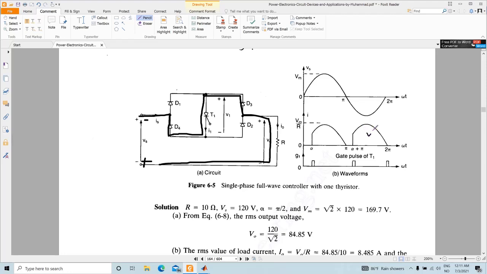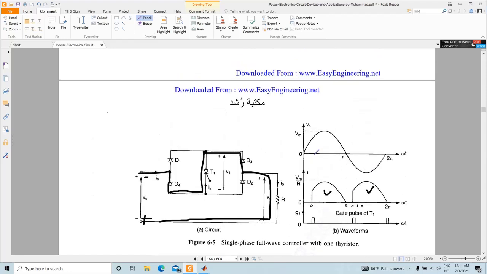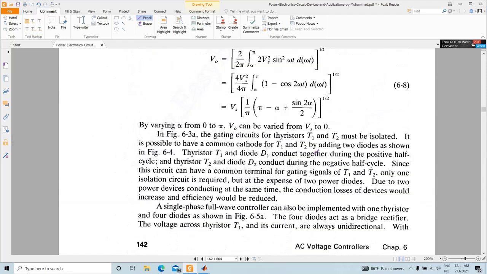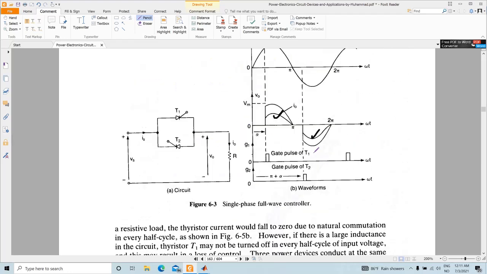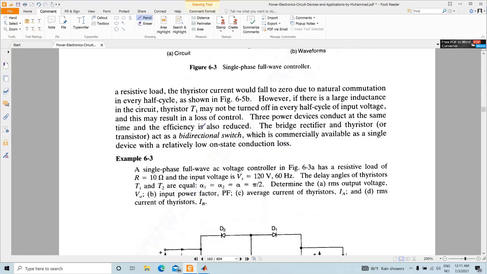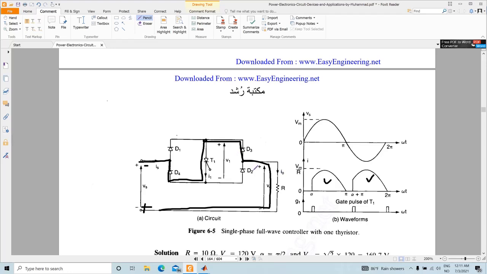So this is how the output voltage wave shape is, and from the output calculation it is exactly the same as shown here, but the only difference is that you have more components now.